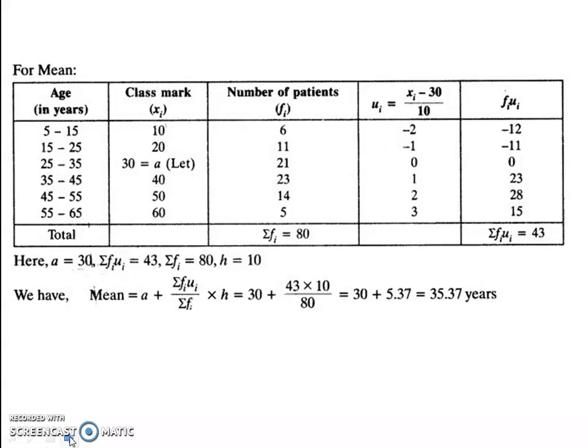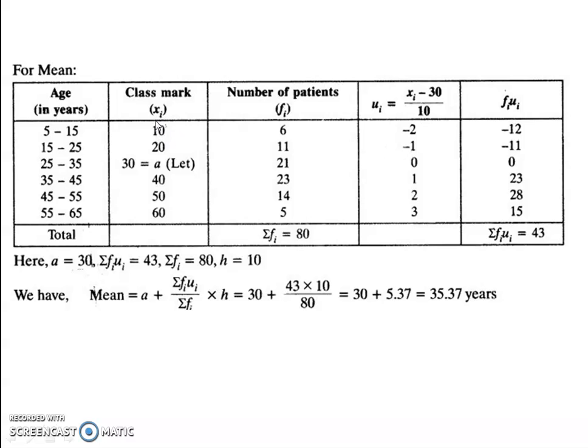Class mark is upper limit plus lower limit, the whole divided by 2. Students, when I repeat it again and again, it should come to your mind, so that whenever you are asked about class marks, you are able to say it is upper limit plus lower limit, the whole divided by 2. Here 15 plus 5, 20, 20 by 2, 10.